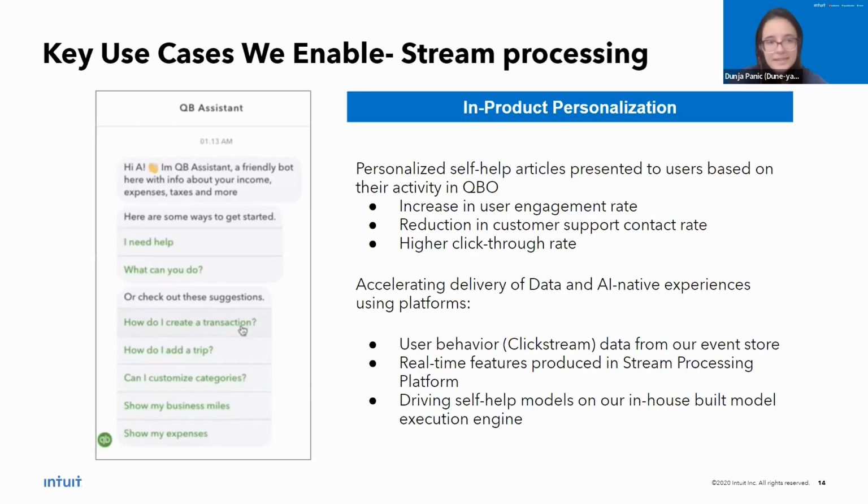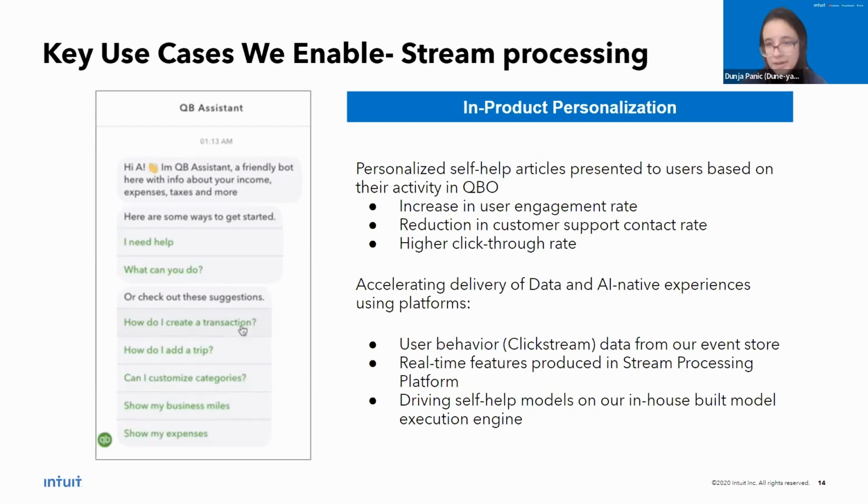So what we've done is create this streaming application where anytime a user is logged into QuickBooks, based on how they're interacting with QuickBooks, we'll show them more personalized recommendations for self-help.